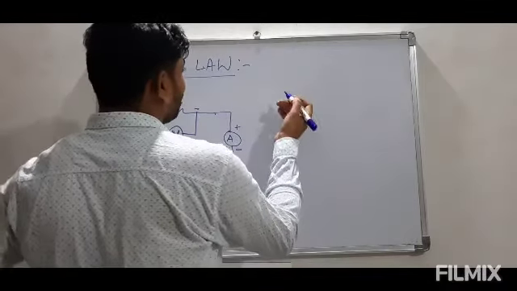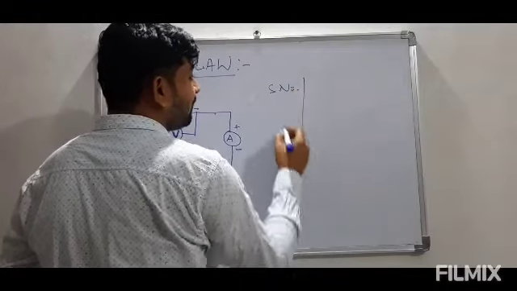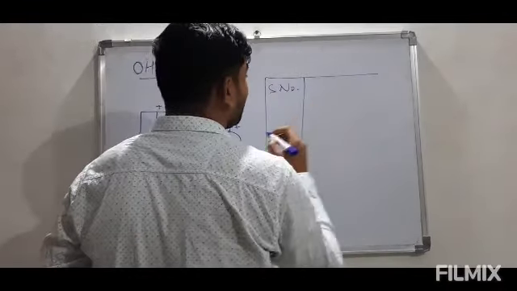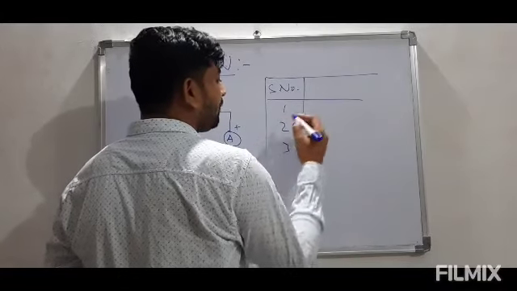Now if we take very simple data, we have a table in which we will be taking 2-3 readings, serial number 1, 2, 3.